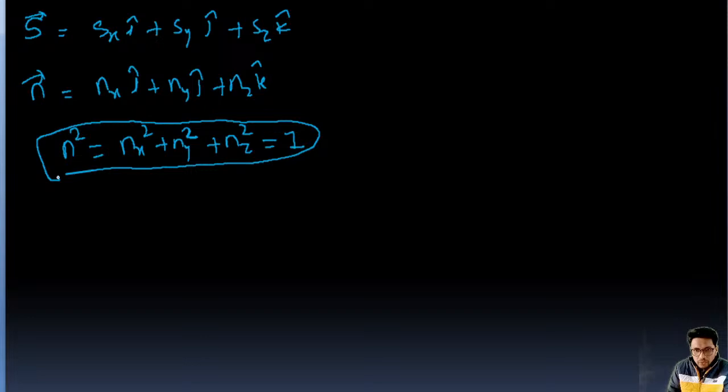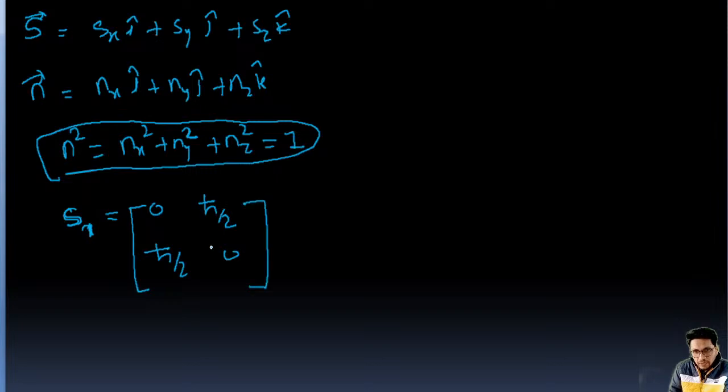Okay, now because it's a spin half particle, the value of Sx is the matrix with 0, h cut by 2 in the first row and h cut by 2, 0 in the second row. This is the matrix for Sx of spin.